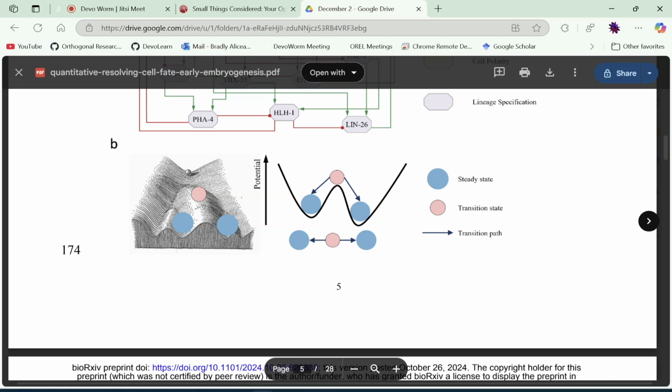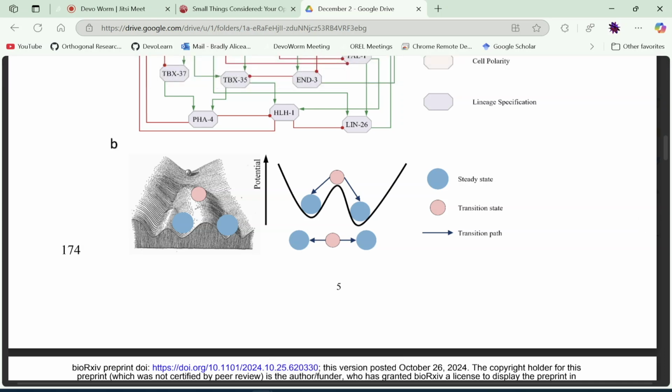And then when they need to transition from one state to another, they need to climb this energy barrier to the top, reach this transitional state, and then drop back down to this new steady state, which is another energy well. And so you need to have this sort of potential that rises to go from one state to the transitional state, and then a loss of potential to go back down to the new steady state.